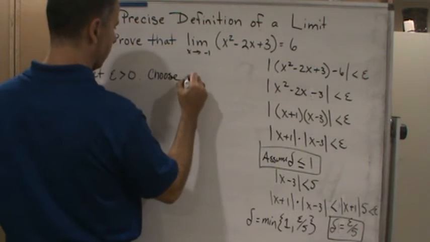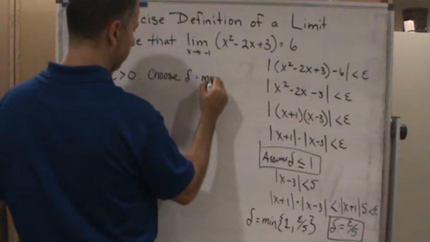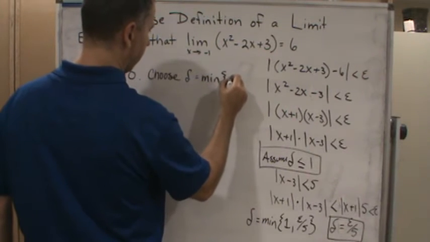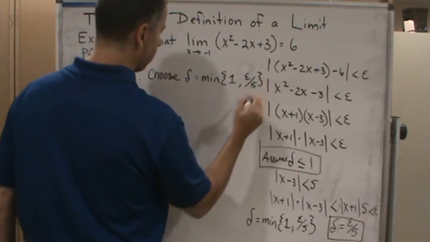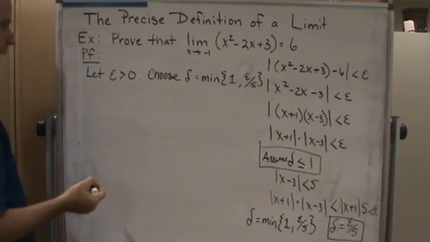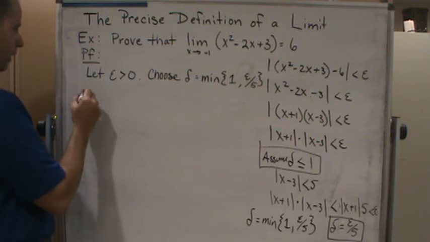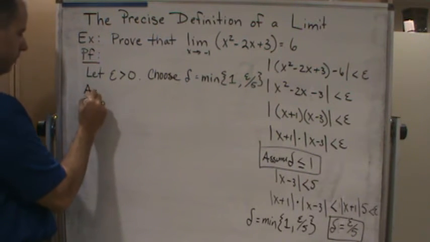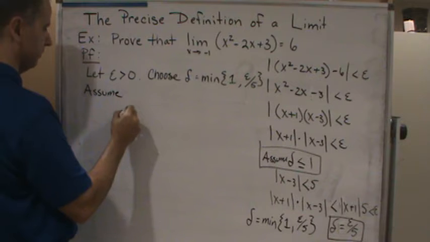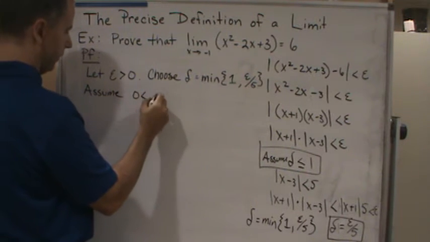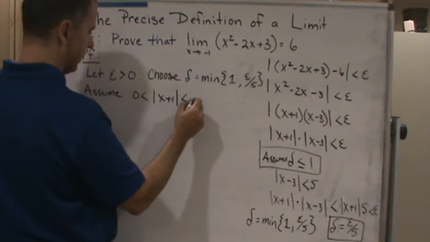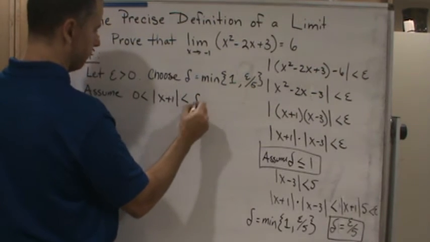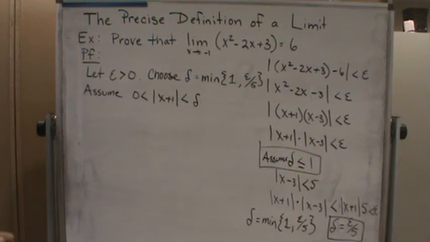Choose delta to equal the minimum of 1 or epsilon over 5. And so now we're going to start with, assume 0 is less than the absolute value of x plus 1, which is less than delta.